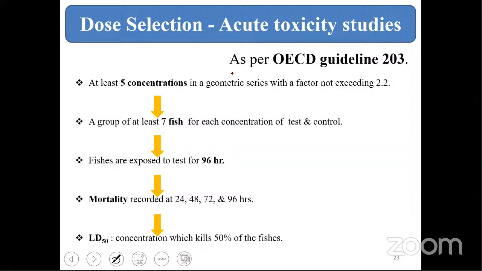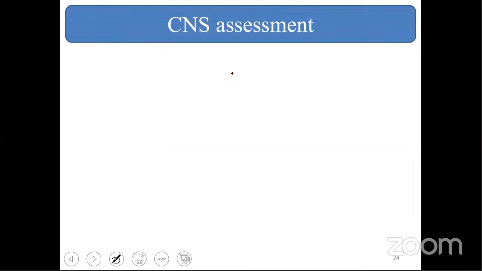Every day for 5 to 6 days, we monitor the mortality of the species. Further, as in this study, we go for LC50, that is the concentration which kills 50% of the fishes. So this is the basic study we perform in zebrafish.